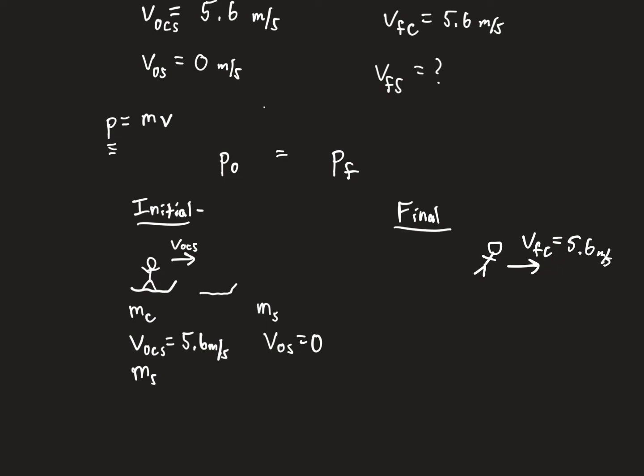Leaving behind the two sleds that lock together and slide forward more slowly. So we have these two sleds now, and they've crashed into each other. The child is no longer on the sleds. So I have mass of the sled plus mass of the sled. I have two of them stacked on top of each other. And they're going to go sliding off at some V final of the sleds.